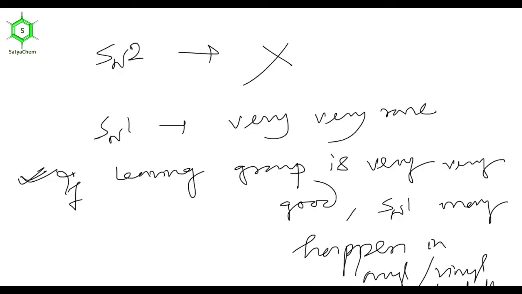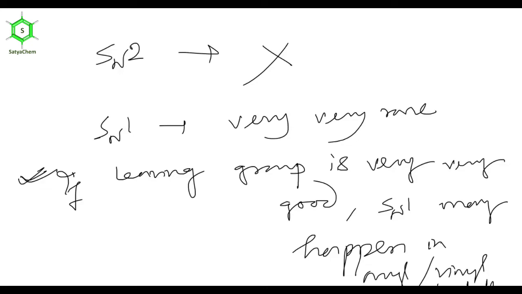So I can summarize that Sn2 reaction usually does not take place on vinyl or aryl halide, but on rare occasion Sn1 reaction may happen, with some conditions. First condition is the leaving group should be a very good leaving group, and there should be a carbocation stabilizing group. Then Sn1 reaction may happen.